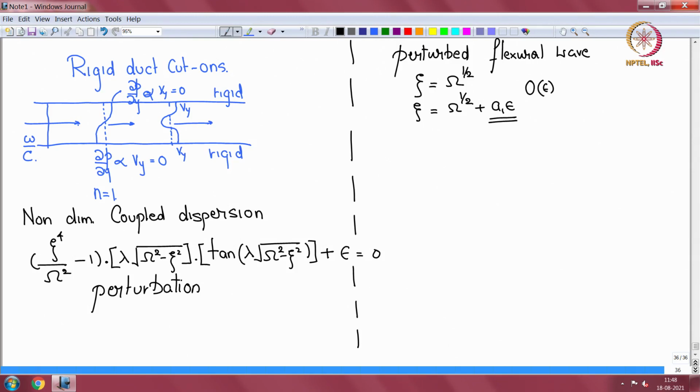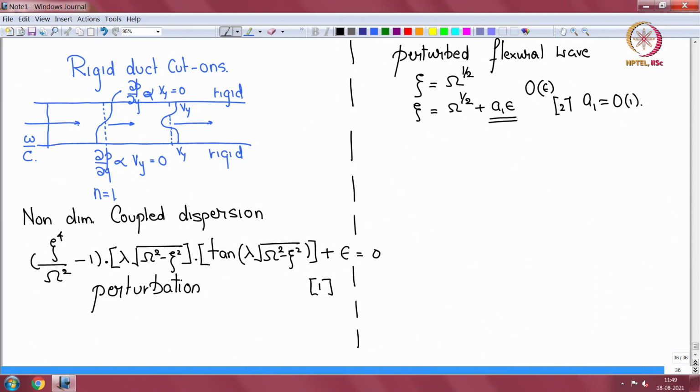This total term is an order epsilon quantity, and A1 is an order 1 quantity. Now let us call this equation 1 and this equation 2.